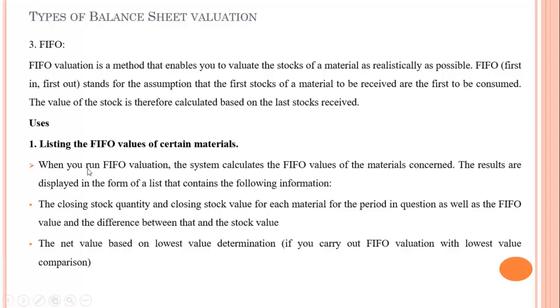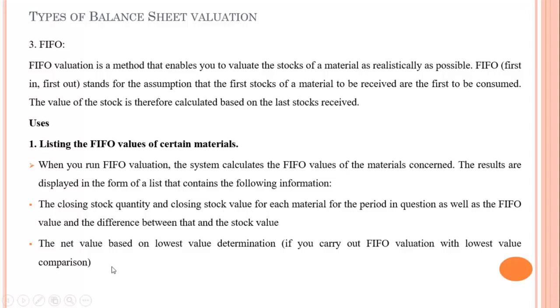So it has various uses that are discussed as below. First is it has the advantage of listing the FIFO value of certain materials. On FIFO valuation, the system calculates the FIFO value of every material. The results are displayed in the form of list that contain these types of information: the closing stock quantity and closing stock value of each material.